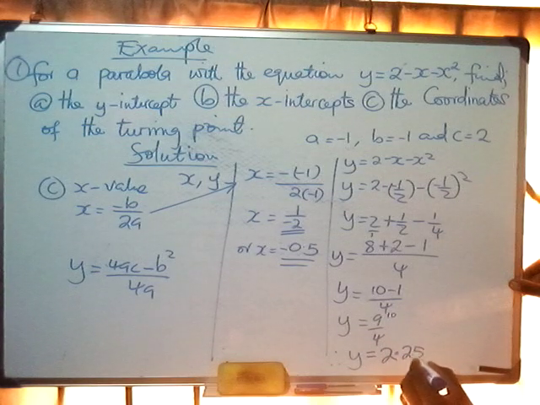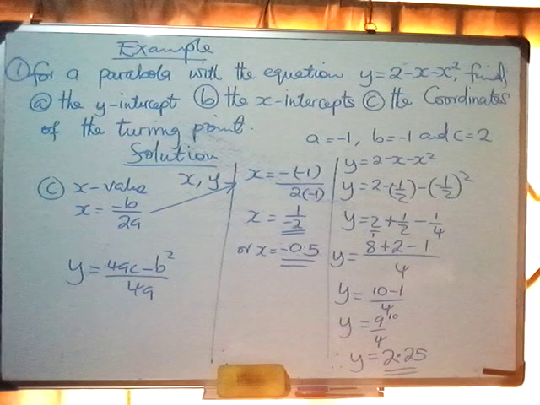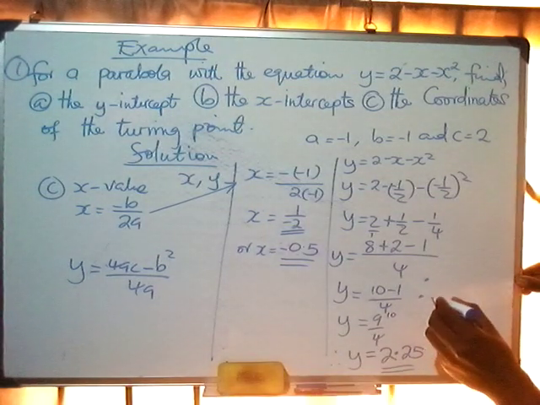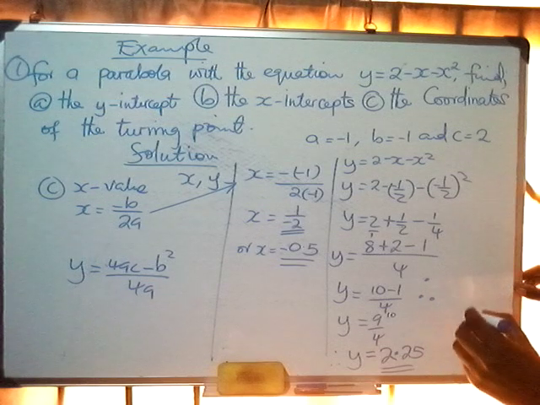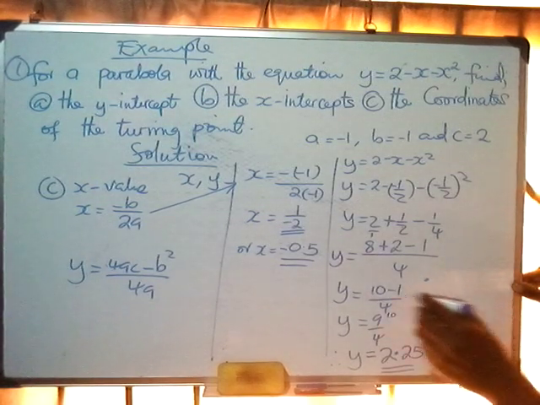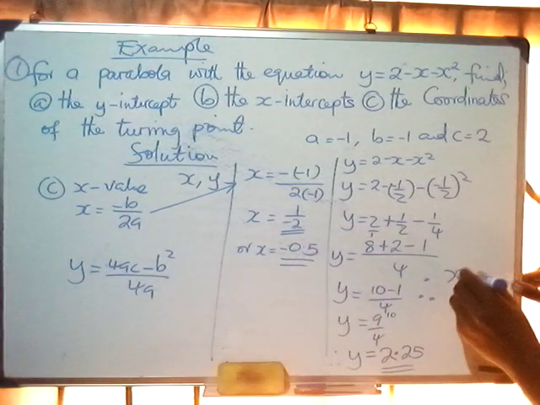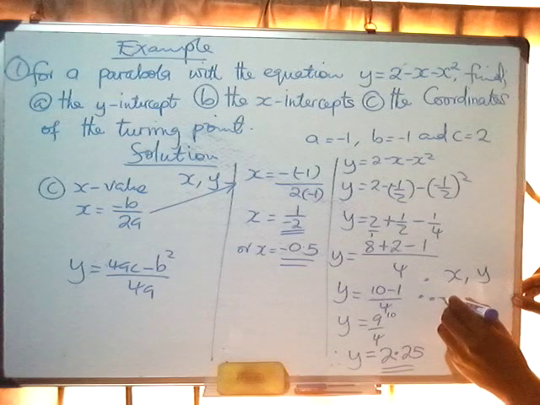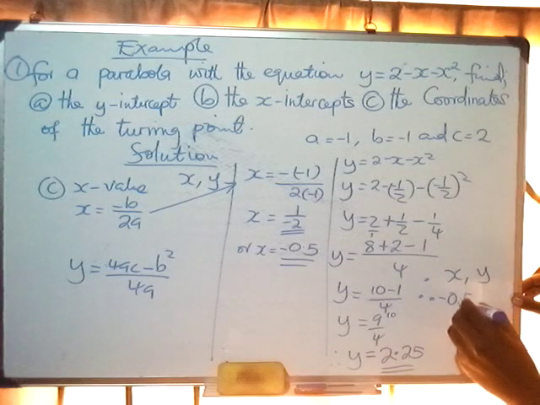4 into 20, it goes 5. So 2.25. Therefore, the coordinates of the turning point are equal to... what is the value of y? Remember, it is always x, y. The value of y there is -0.5.